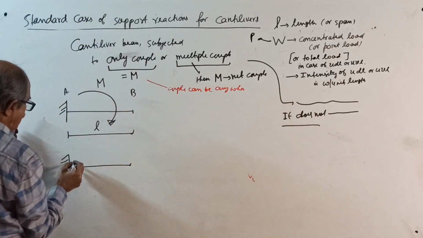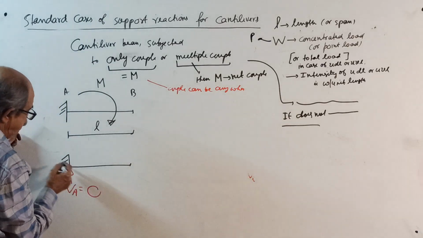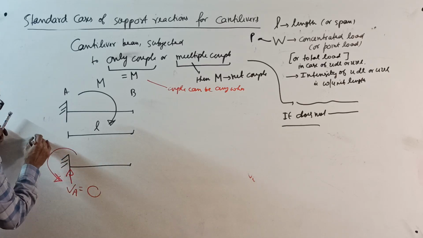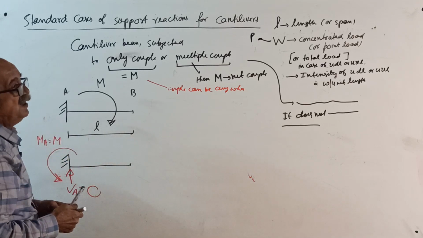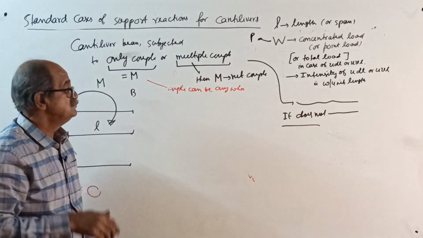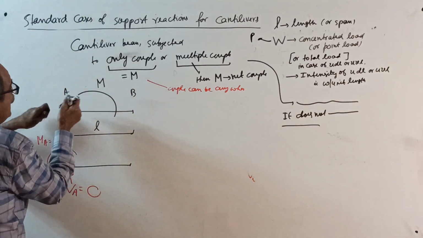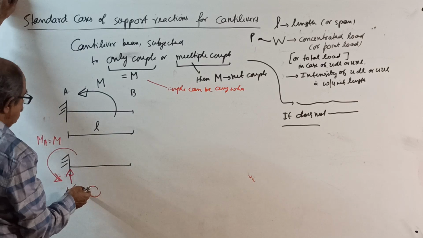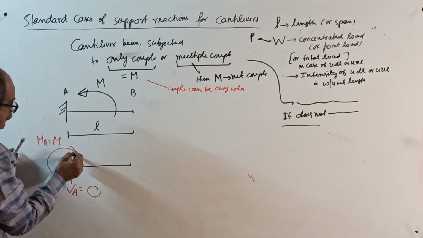Then the answer: reaction VA equal to 0. If it is a clockwise couple, reacting moment is anti-clockwise, MA equal to M. Make one more note. Same cantilever, if the couple is anti-clockwise M, then also VA equal to 0, but MA will be clockwise of M.